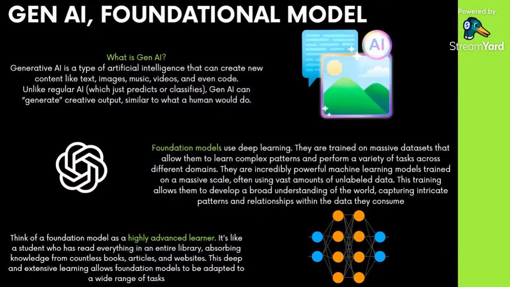These models learn how language, logic, and structure work by consuming as much as possible. They are trained on massive data sets that allow them to learn complex patterns and perform a variety of tasks across different domains. So think of a foundational model as a highly advanced learner.